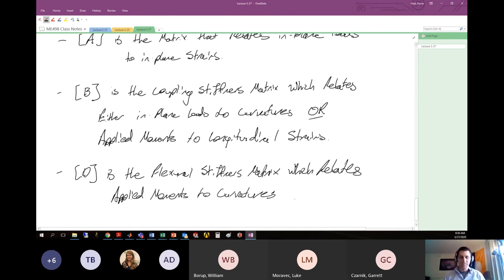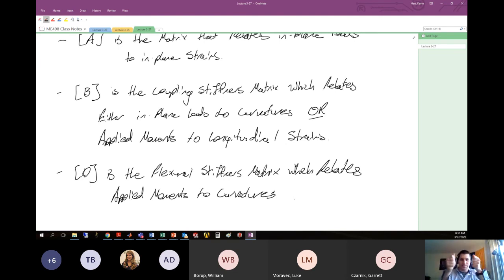And just like we had the A matrix that related in-plane loads to longitudinal strains, just sort of an intuitive idea to us mostly, we also have the D matrix, which relates the applied bending moment to how much the laminate curves. All right, again, this sort of intuitive idea that if we apply a bending moment, the laminate's going to curve. All right, so I think the A matrix and the D matrix are pretty easy to understand in the way that they relate.